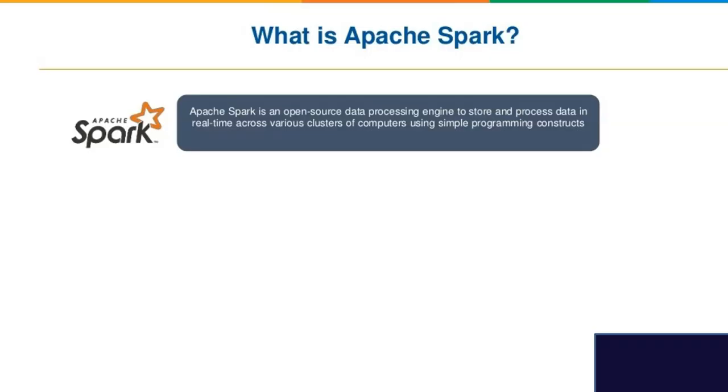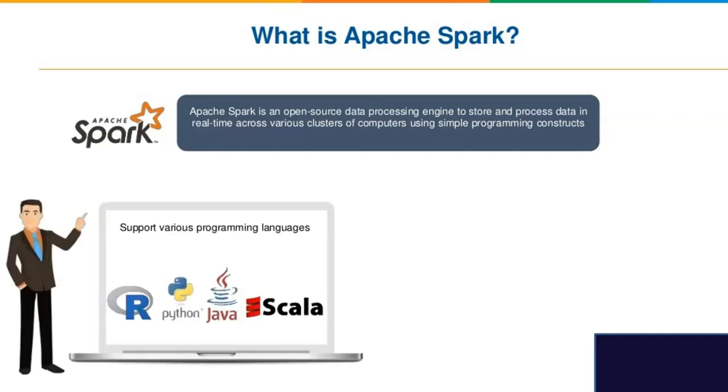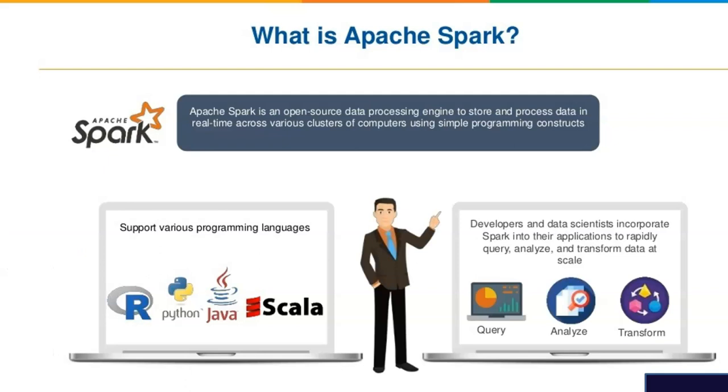The very first question is, what is Apache Spark? Apache Spark is also one of the big data engines. It's an open source data processing engine to store and process data in real time across various clusters of computers using simple programming constructs. Apache Spark supports various programming languages like R, Python, Java, Scala.